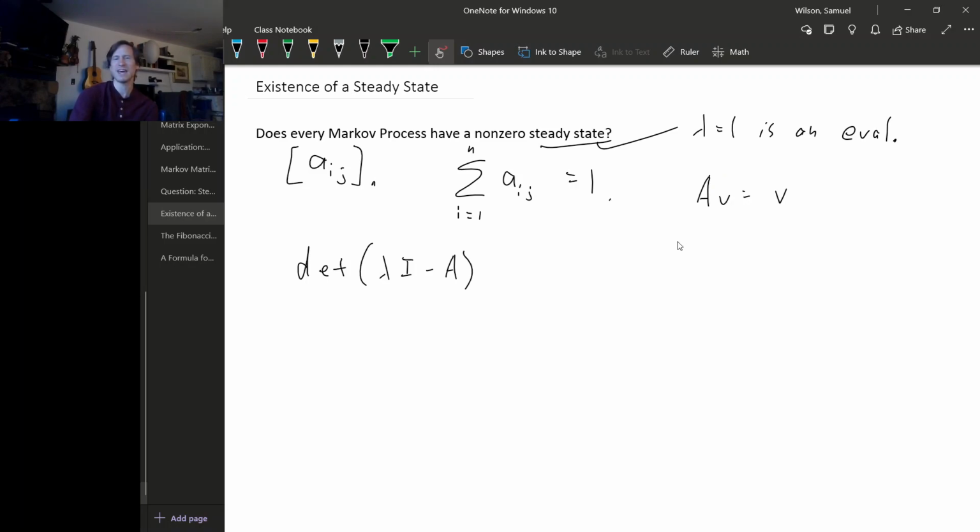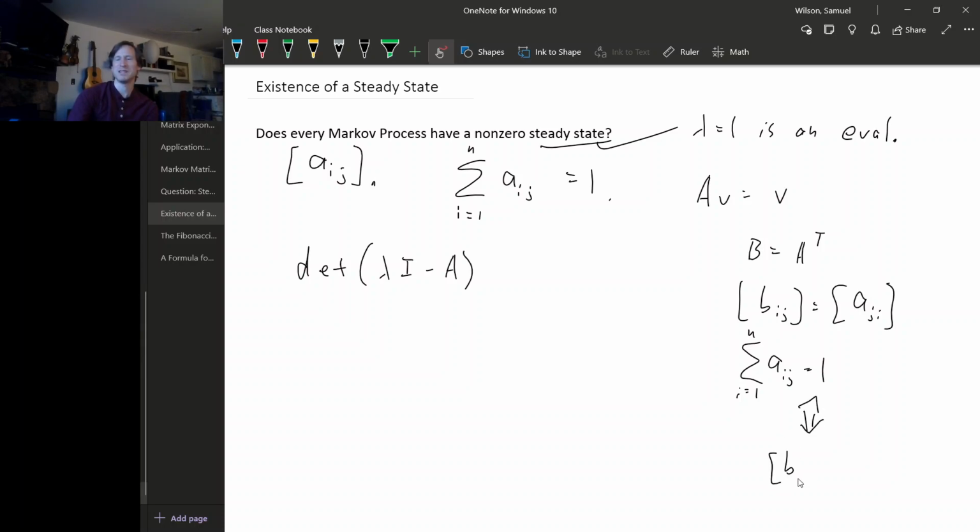Because the transpose of A, so if B is the transpose of A, then B_ij is equal to A_ji, and saying that the sum of A_ij as i goes from 1 to n is 1 is the same as saying that the sum from i equals 1 to n of B_ji is equal to 1.